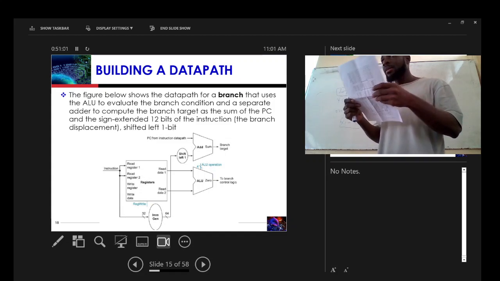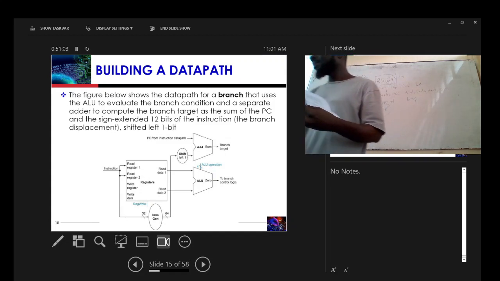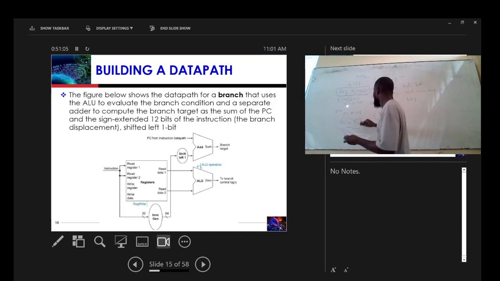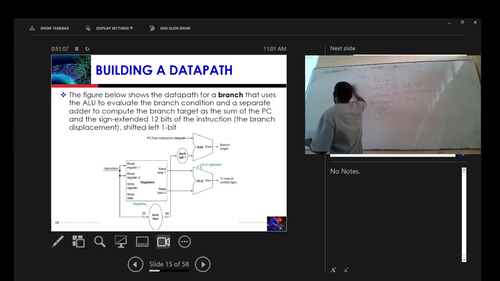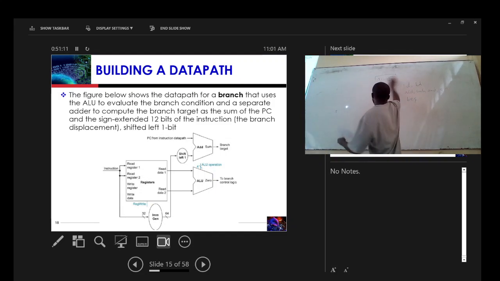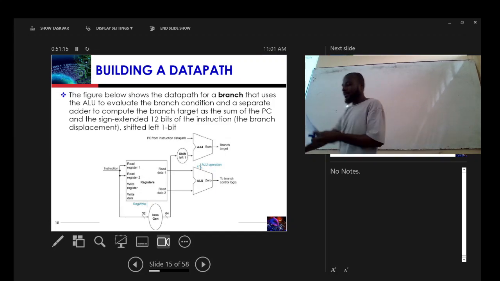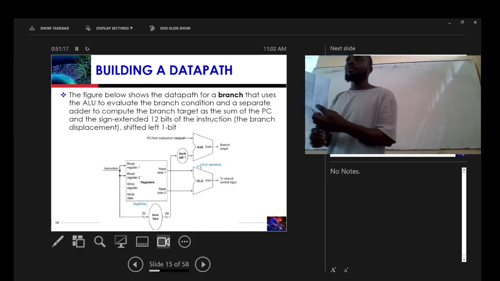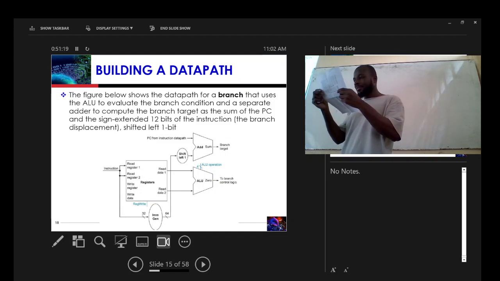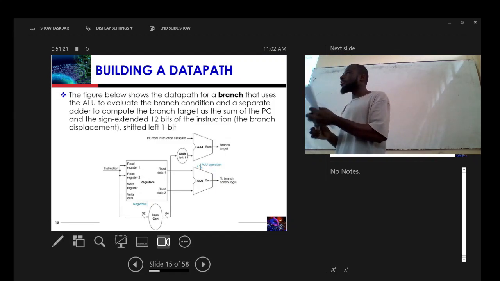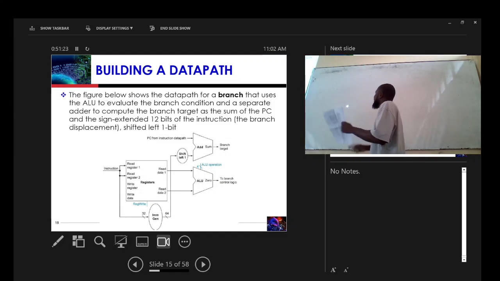Now, if you look at the BEQ, look at only the immediate field.